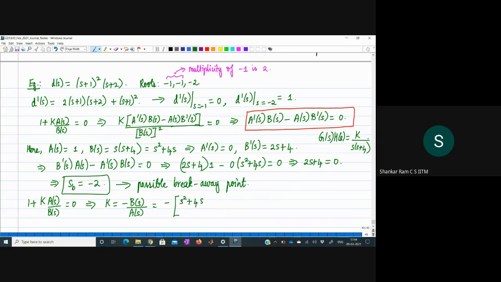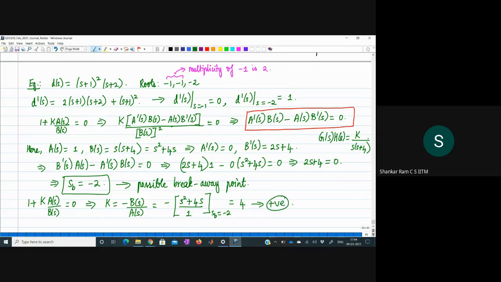So we have to evaluate minus b of s divided by a of s at s equals minus 2. So what do you think the answer will be if we do this? What will be this ratio, s squared plus 4s divided by 1? This will be equal to 4. We can see that this is a positive number, right?